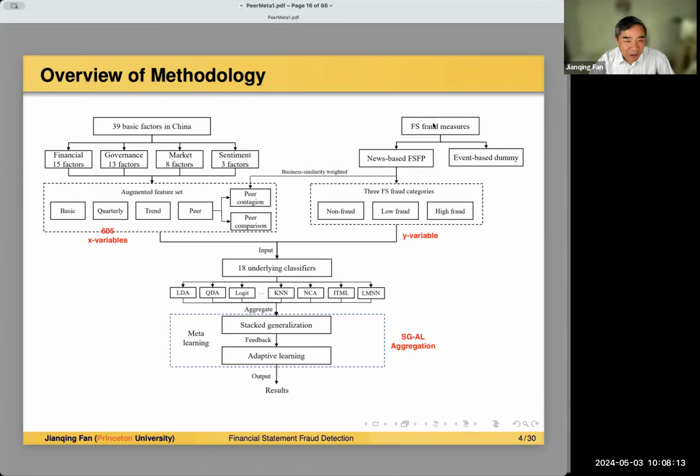In addition, we also have the news-based financial statement fraud propensities. Both X and Y variables feed into those 18 classifiers. Then based on those meta learning aggregation algorithms, we get the output result. So this is the essential idea, and then we'll see how the results perform for the non-fraud or low fraud and high fraud samples.